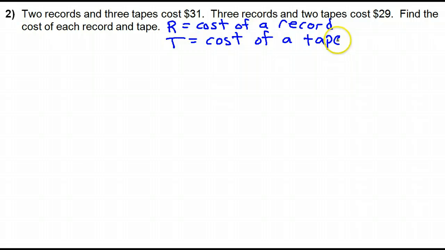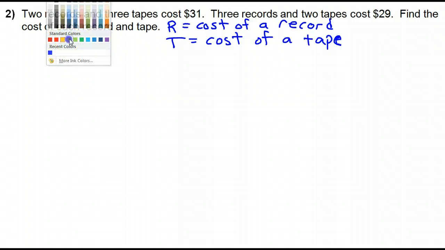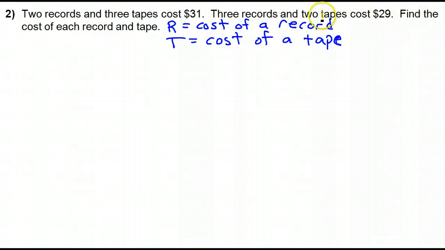This is what I mean by defining your variables, and you always need to do that right at the beginning of the problem. And one more time, it helps me if I want to know what the variables need to be, I look at the end of the sentence. I look for what you are being asked to find. Find the cost of each record and tape. So that's what my variables need to be, the cost of a record and the cost of a tape.